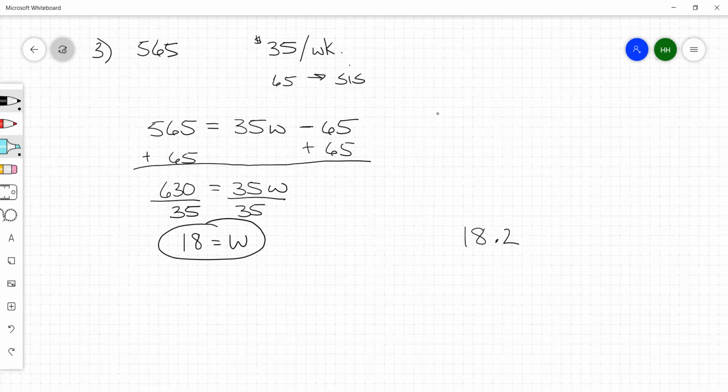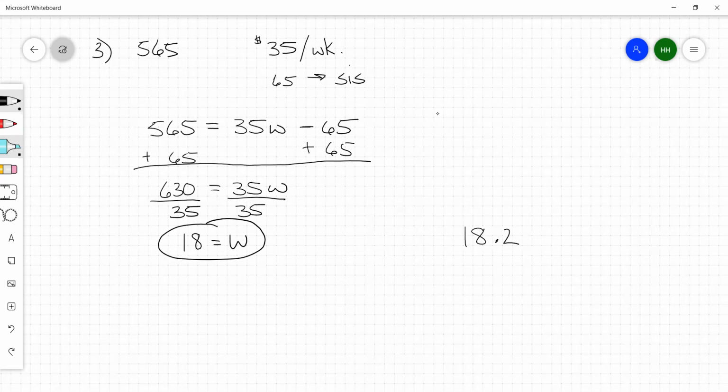Don't choose 18. In that 18th week, when he deposits that money, he ain't going to have 630. He's 0.2 weeks away from having it, isn't he? So how many weeks does he need to save? He's got to save 19 weeks. He's got to save one more week to have that 630 bucks.